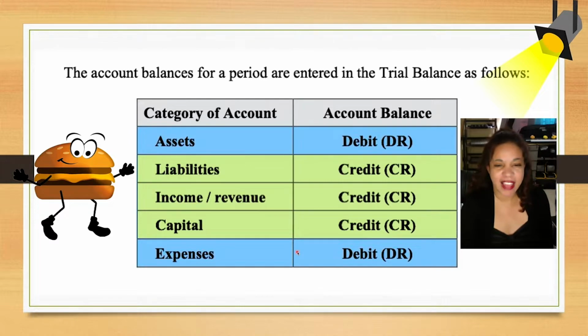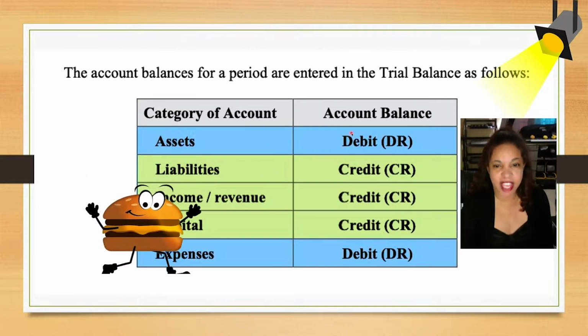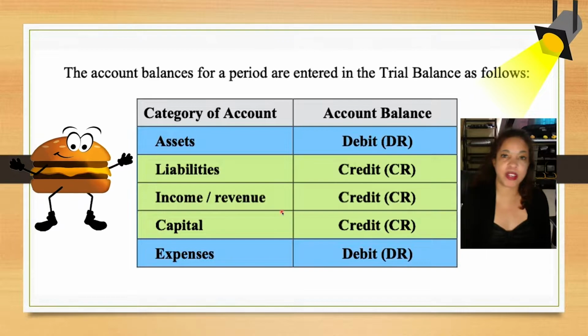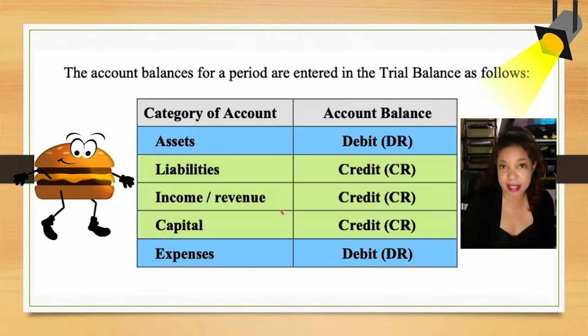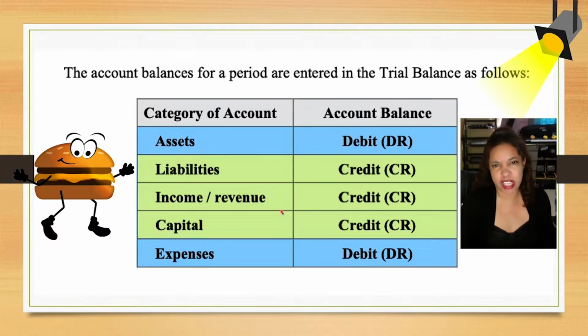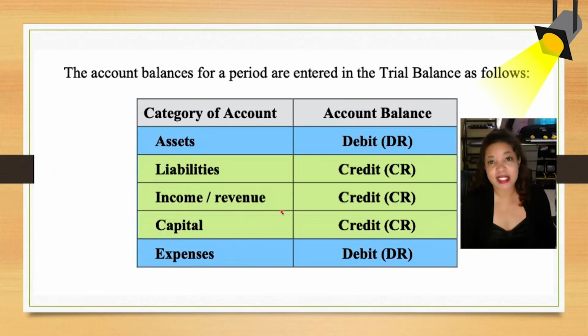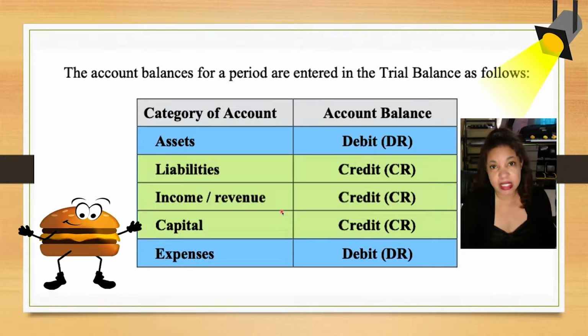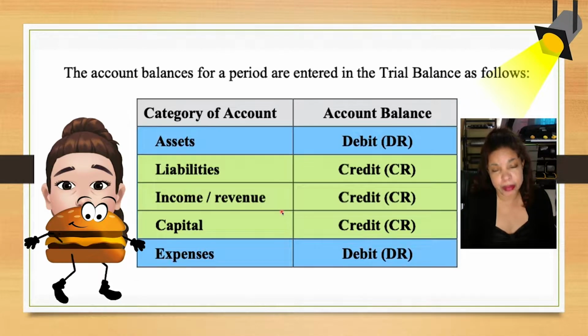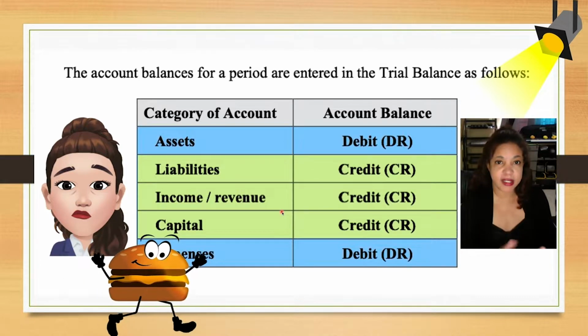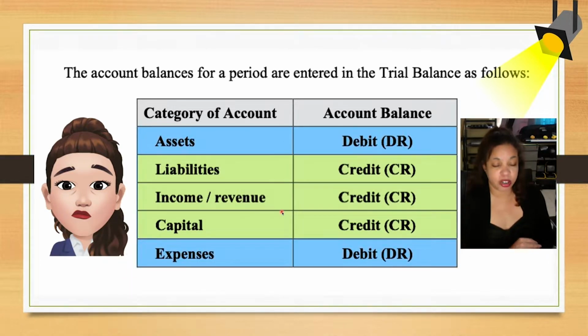They are the debits, and then everything else in between in terms of Alice, the L, I, and C, liabilities, income, and capital, is like the ingredients you would put in a sandwich, like the meat, the vegetables, the cheese, whatever it is you usually put. Those are your credits. So I think it's a nice analogy. Only problem is that you kind of get hungry when you use that analogy. So after the lesson, go and grab something to eat if you're as hungry as I am right now.